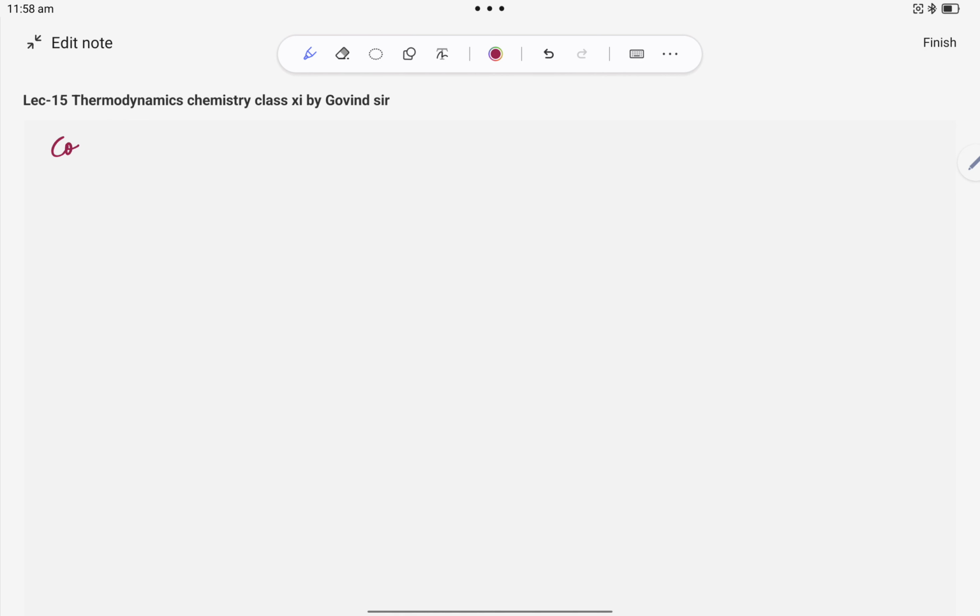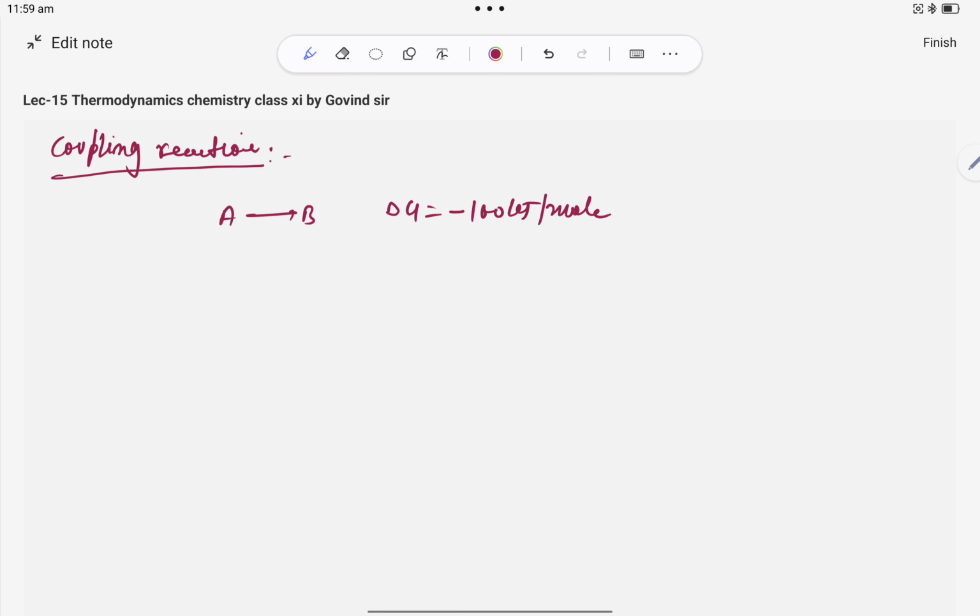Coupling reaction. Delta G for A to B is equal to plus 100 kilojoule per mole and for C to D is minus 80 kilojoule per mole.